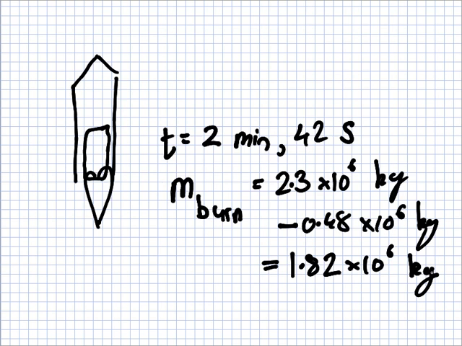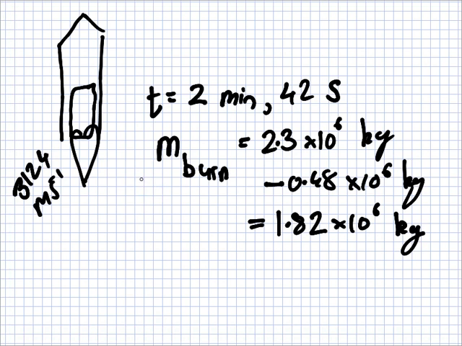Okay. And I tell you the speed. This fuel comes out at a speed of 3124 meters per second. So does anybody remember then what is the acceleration of the rocket? Newton said F equals ma.